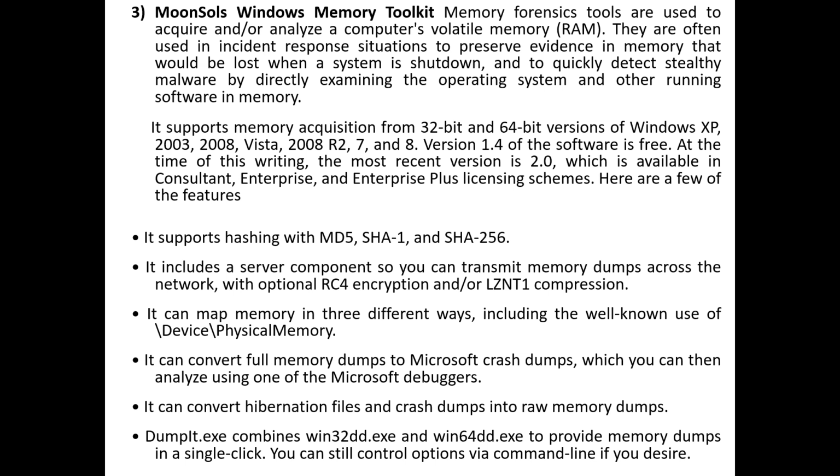It can convert hibernation files and crash dumps into raw memory dumps, and it can also combine Win32dd.exe and Win64dd.exe to provide memory dumps in a single click. So this is the tool that can be used to take volatile data from the system, and this is what this particular toolkit offers.